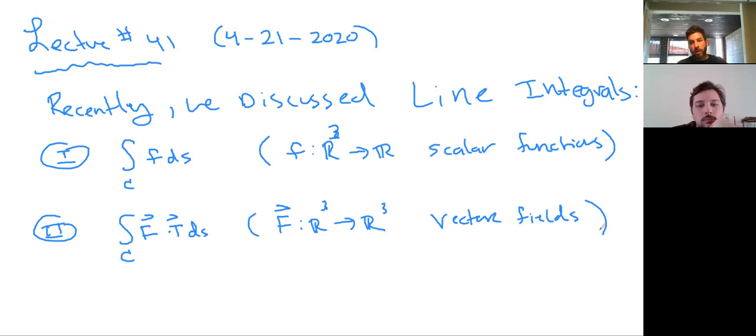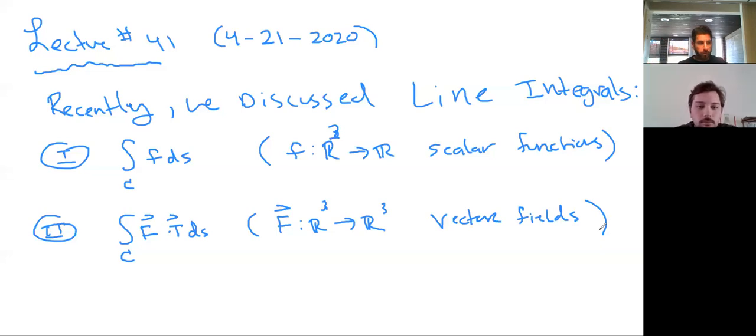What we found in our examples, and what you'll find when you work on the homework problems and do some practice, is that in many cases, these are complicated to compute. I mean, we also recognize that the definition of these creatures is a scary Riemann sum. And even if we don't appeal to the definition, the theorem that tells us how to integrate them involves the parametrization of C, and that can often be ugly.